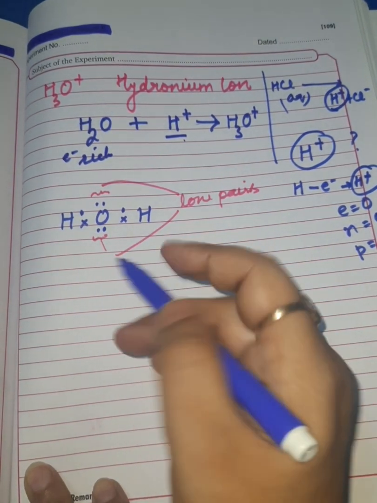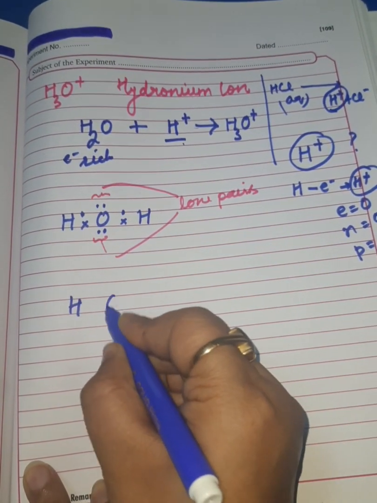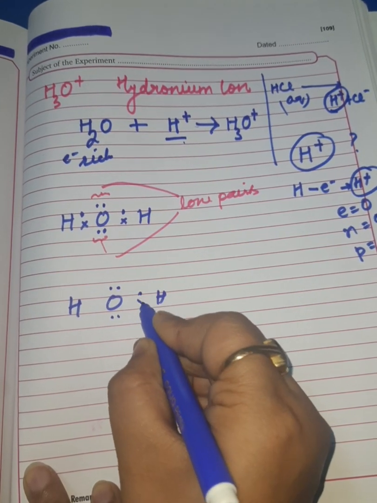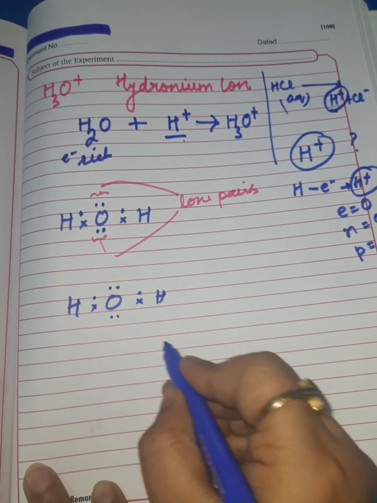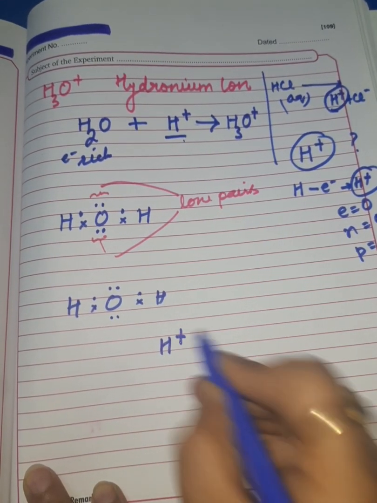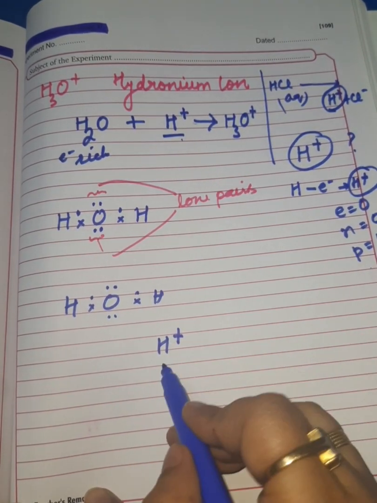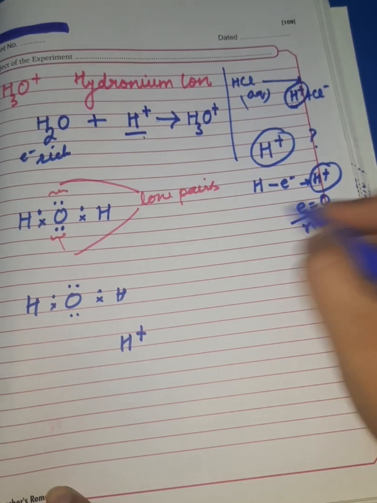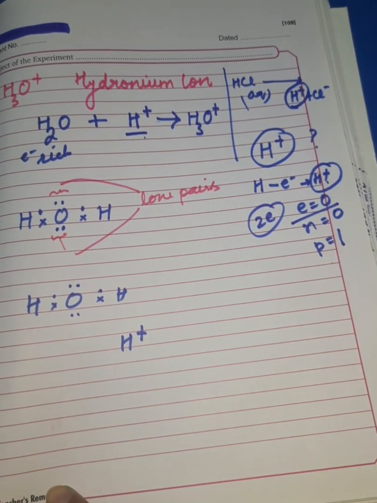So when this electron-rich compound comes in contact with H plus, which needs stability, because H plus is just a proton. Now to get the stability, if H plus gets 2 electrons, it will be able to get the duplet.